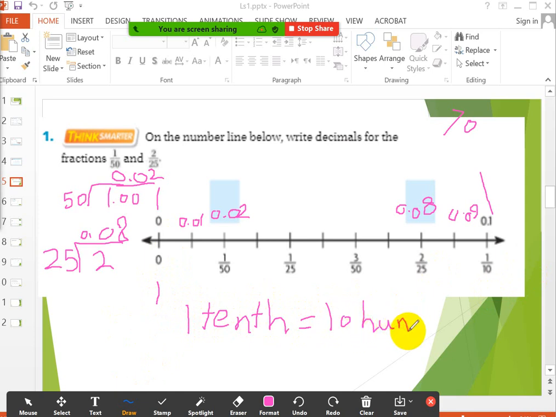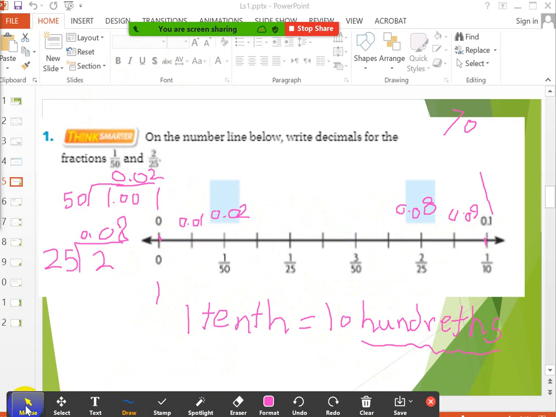That means when I want to divide 1 tenth between 0 and 0.1, it will divide into 10 equal parts. So this is the relationship between the values of the digits after the point. Each 1/10 equals 10 hundredths, so here I have to divide this 1/10 into 10 hundredths and count. This is the idea, very simple.